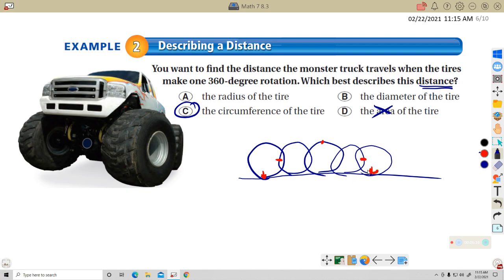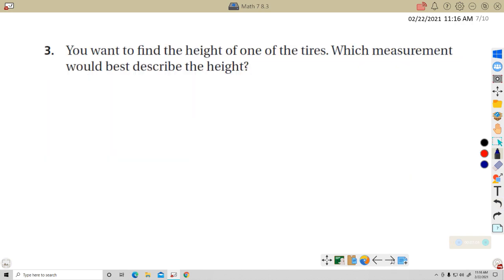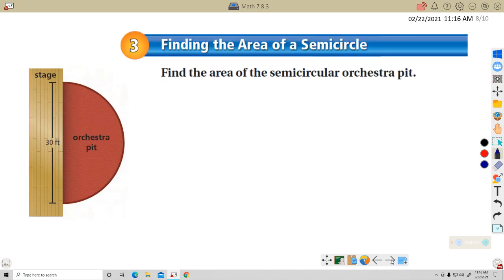So if the tire rotates one time, and this point goes around one time until it's back on the ground, that whole circumference has been translated into a distance. So in this case, it's circumference. I don't know why that's an example, but it's a type of problem you might see on a test, to see if you understand circumferences and radiuses and all that. We'll do that one in class.